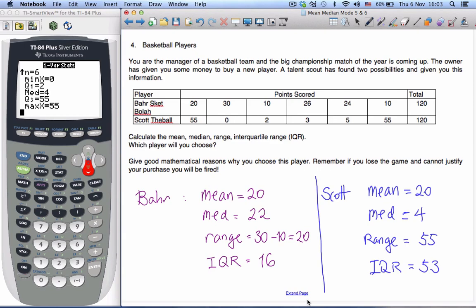But this is a championship game, so if you buy Scott the Ball and he's having one of those super nights, then he's going to score 55 points in the game. So I think I'm going to go with Scott the Ball, even though I'm running a risk of him being cold at night and scoring 0, maybe even just a couple of points.